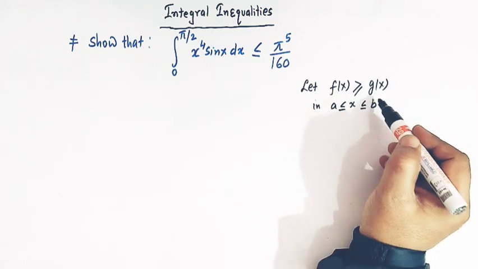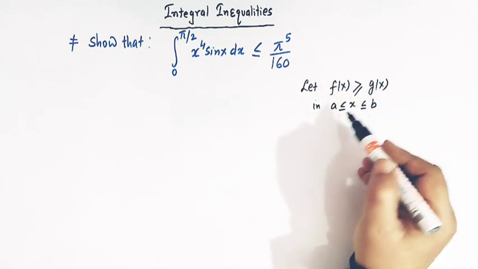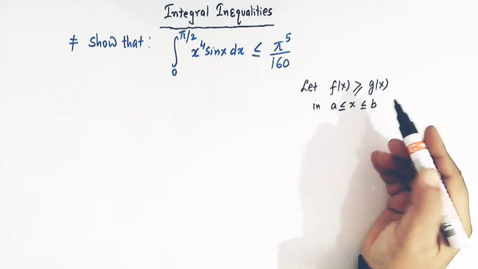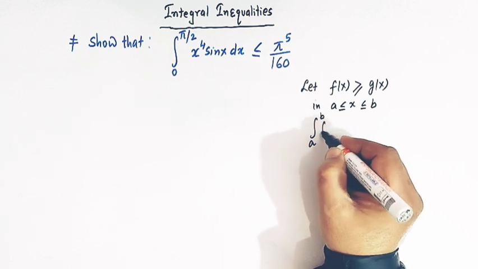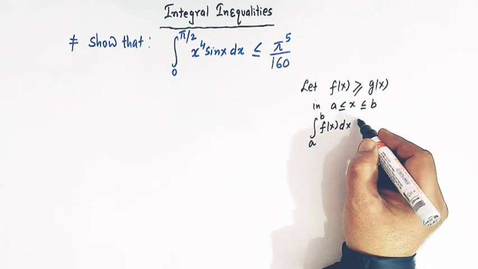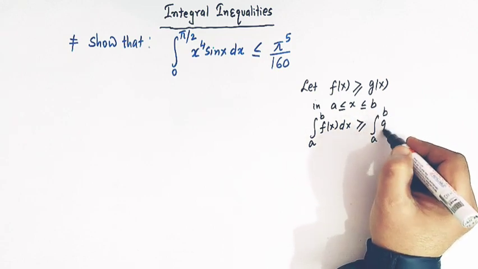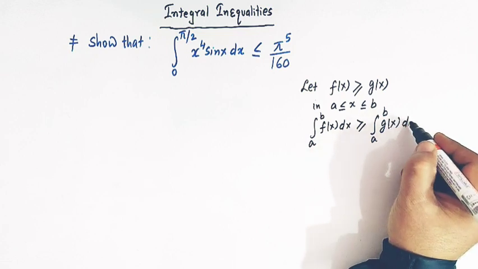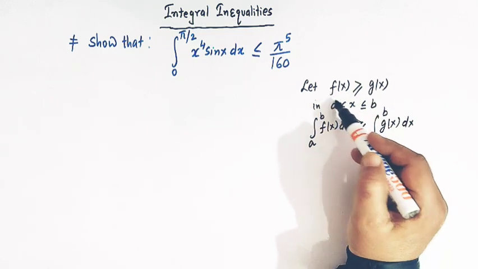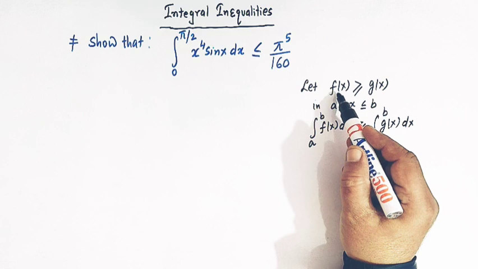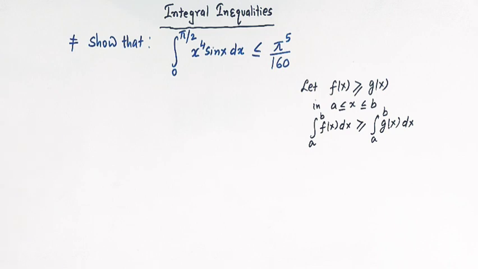Whenever we have this condition for the two functions f of x and g of x in the interval a to b, then the integral of f of x from a to b is also greater than or equal to the integral of g of x from a to b.